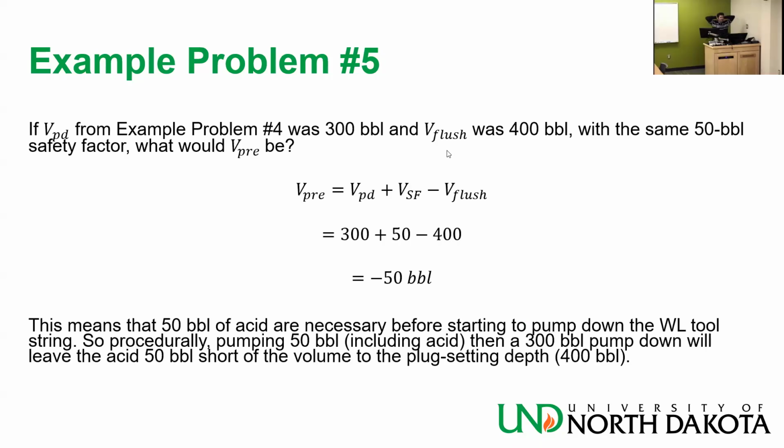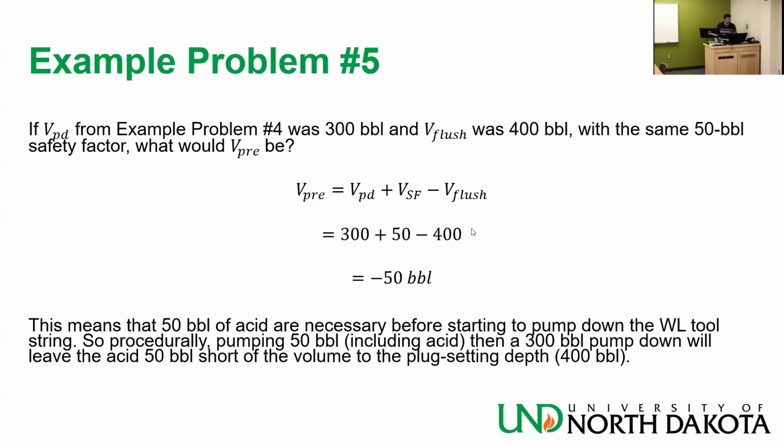This means that 50 barrels of acid are necessary before starting to pump down the wireline tool string. So procedurally, pumping 50 barrels, including acid, then a 300 barrel pump down will leave the acid 50 barrels short of the volume to the plug setting depth.